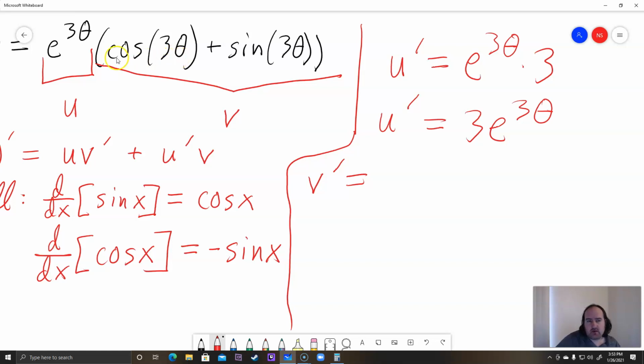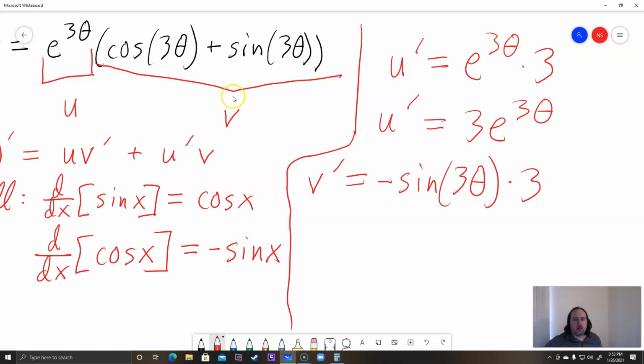The derivative of cosine is going to be negative sine, so it's going to be negative sine of 3 theta. But then we have to use the chain rule, because this is a composite function. On the inside we don't just have x, we actually have 3 times theta, which is sort of like 3x. So you have to multiply times the derivative of the inside function. So it's going to be times 3.